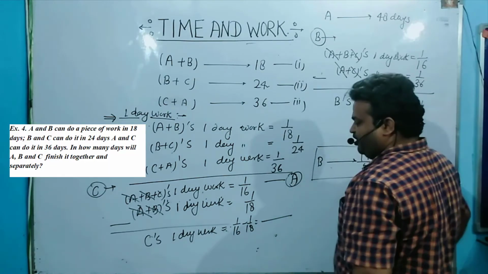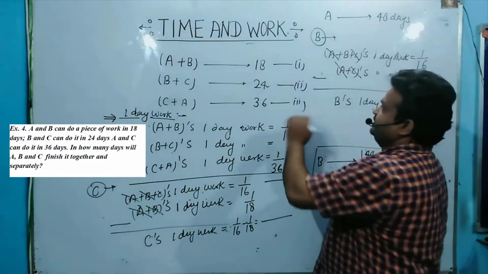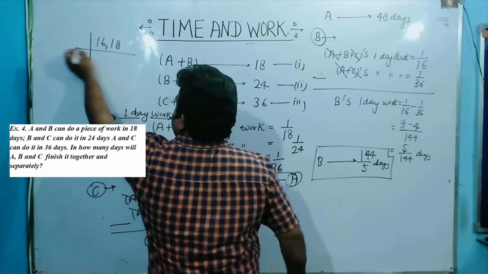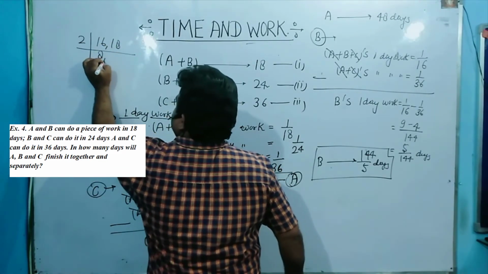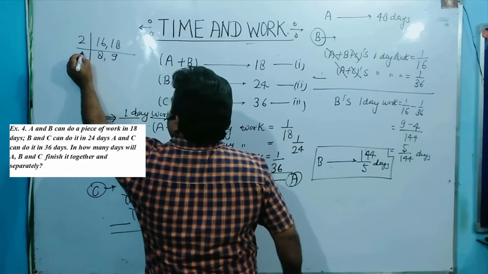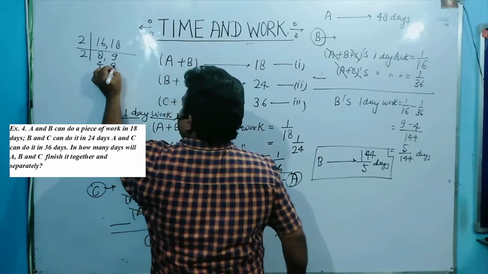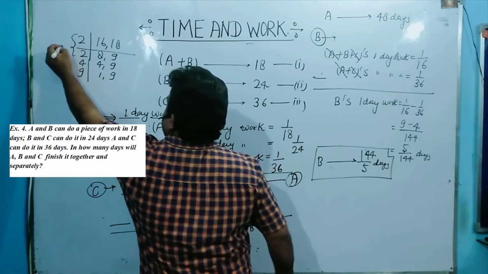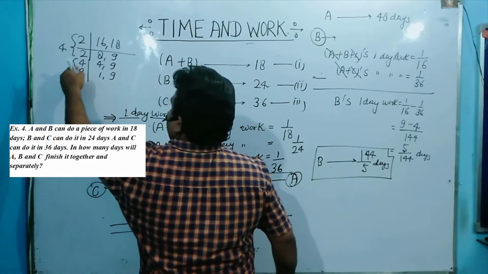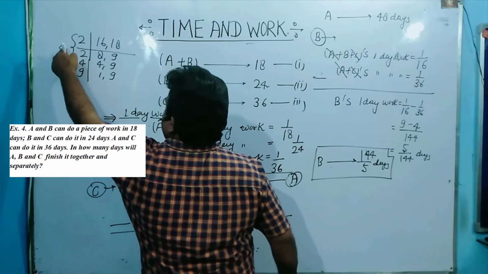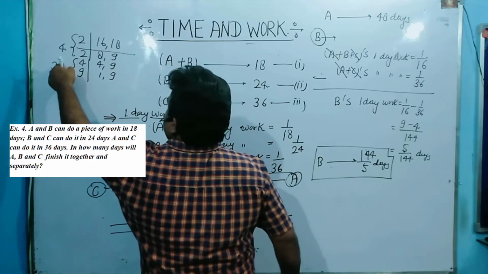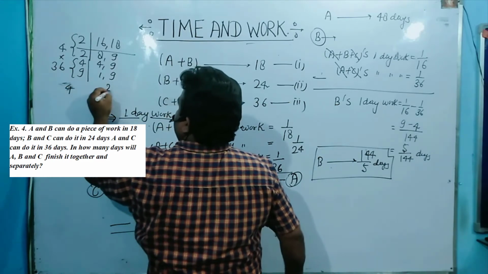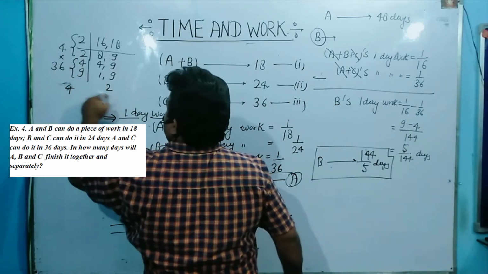So what is the LCM of 16 and 18? You simply calculate it: 2 8s are 16, 2 9s are 18, so you can write 8 and 9. So 2 2s are 4, and 4 9s are 36, so 36 4s are 144.